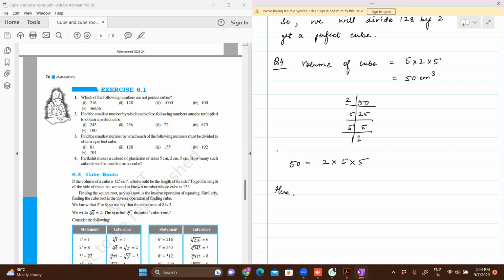So we can write down here: 2 and 5 cannot be grouped into triplets of equal factors.